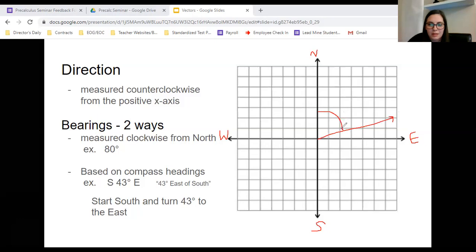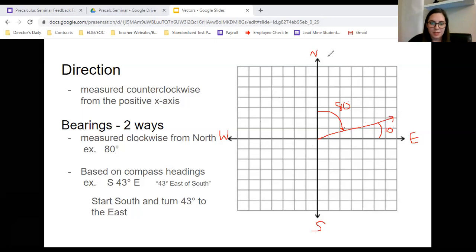So we start at north and then go 80 degrees this way. Now 80 degrees from north, we could say that the bearing is 80 degrees, but the direction is 10 degrees. Does that make sense to everybody so far?